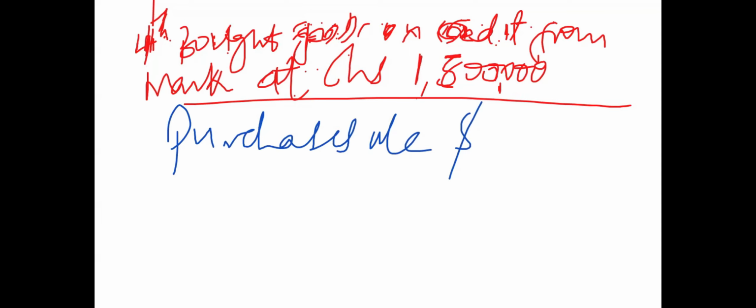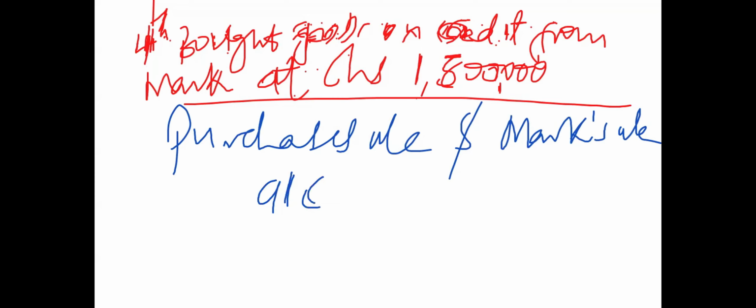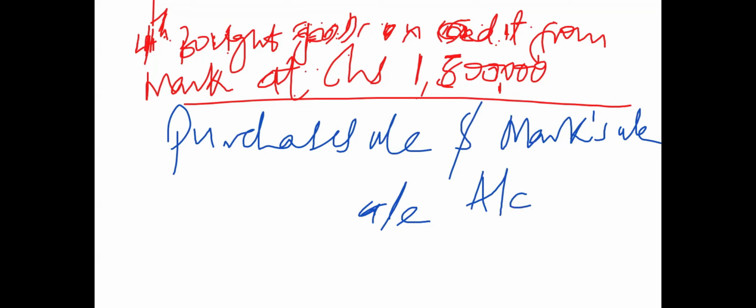So the second account is going to be Mark's account. And these symbols are actually recognized. This one is called account. You can also use them, they have no problem, rather than writing the whole word.